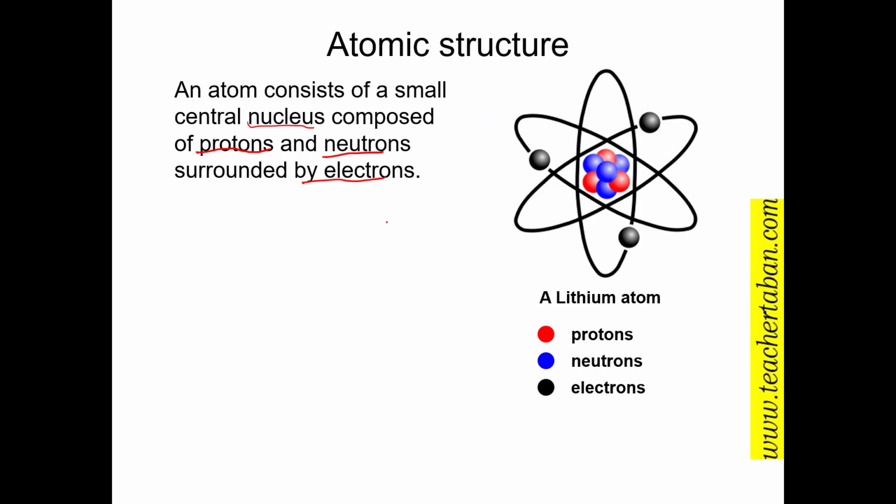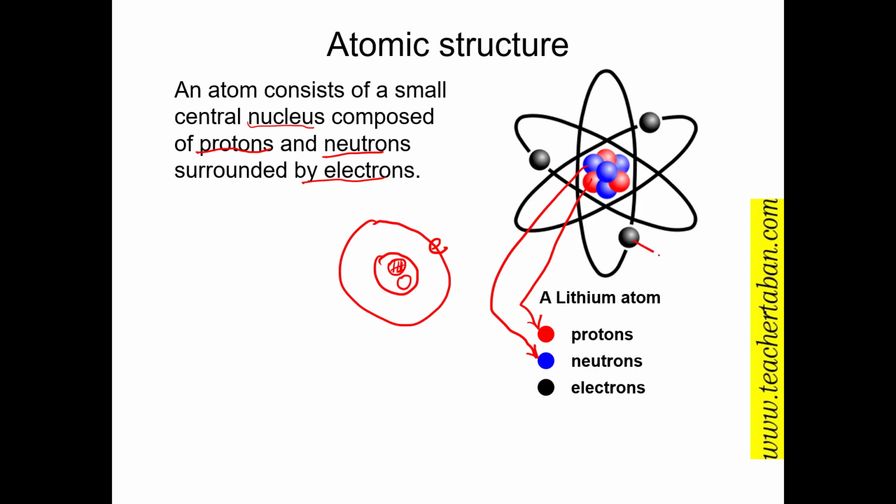But you can simply draw it like this, where you have the nucleus, and in the nucleus you have the protons and the neutrons, and then around the nucleus we have the electrons. So the inner part of the atom is what is called the nucleus, and inside the nucleus we have the neutrons and the protons, and then we have the electrons which move around the nucleus in the shells, or what you call the orbits.